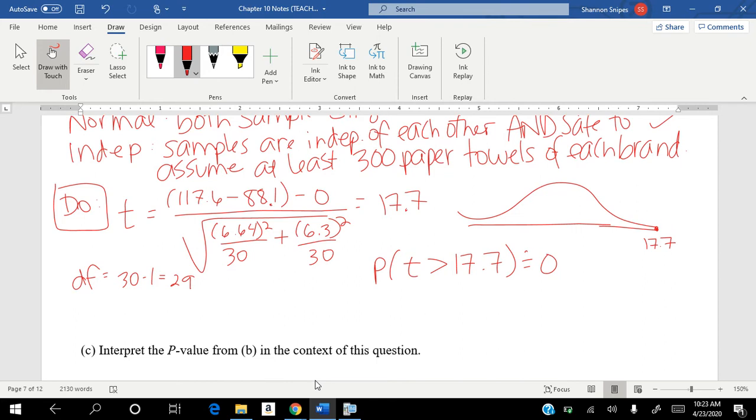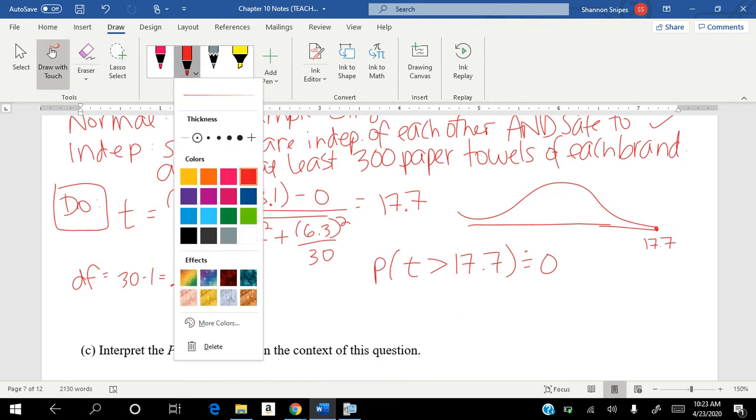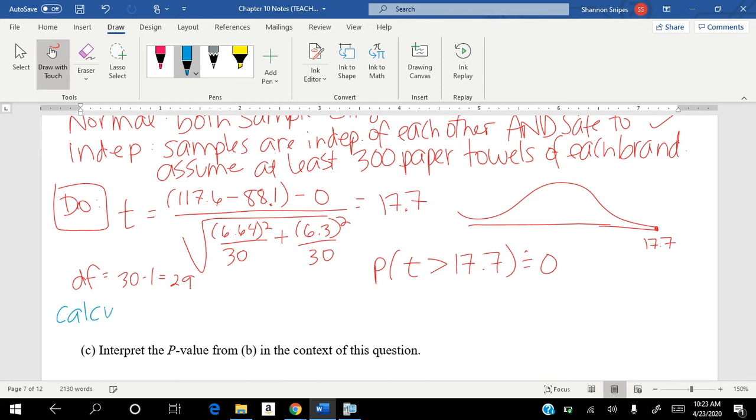So if we're using technology, I'm going to switch colors, and we're going to look at the calculator. If you're going to do the do step in your calculator, remember you have to write down a 2-sample t-test for means. I would get in the habit of writing that down whether you do the do step by hand or in the calculator.